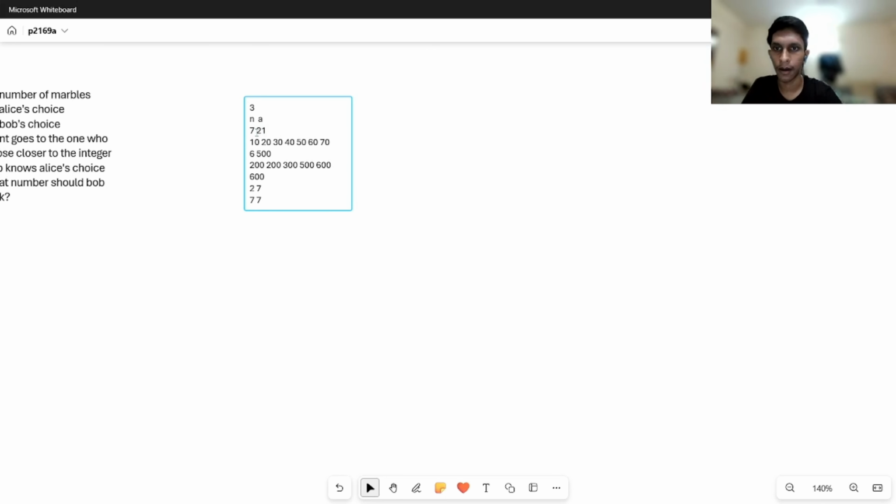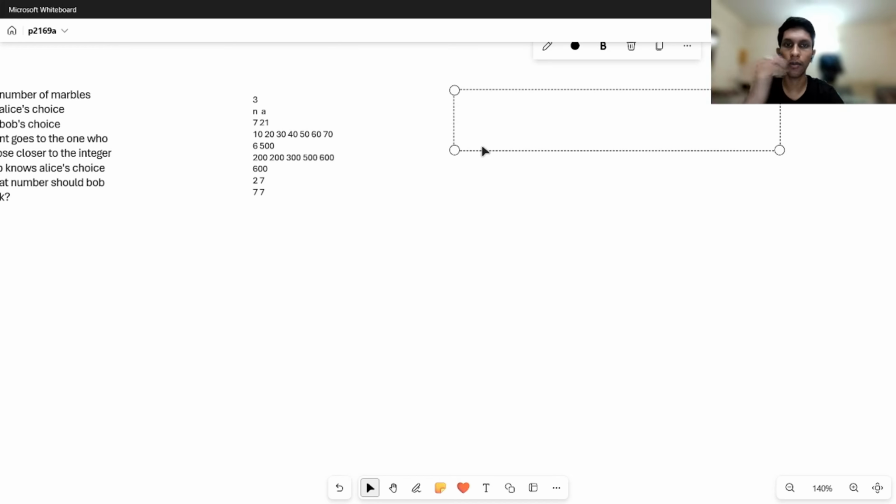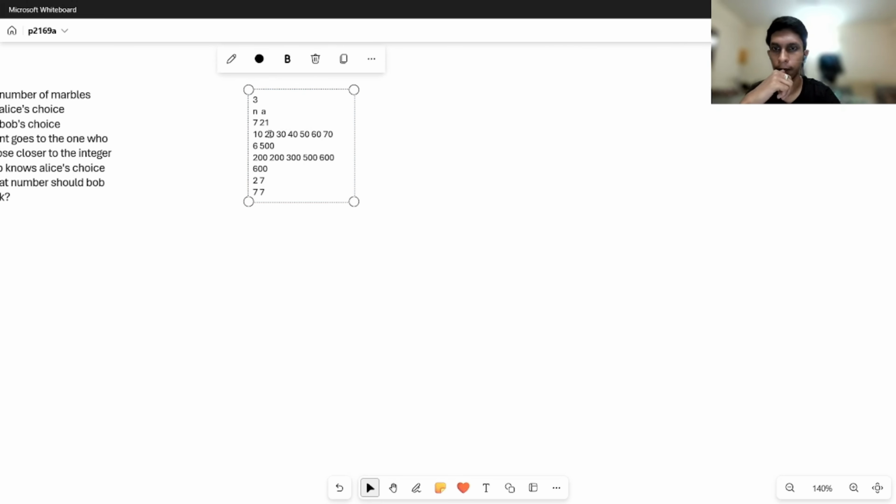Meaning, let's take this first test case. Let's take this 21 and compare it to all these numbers, and see how many integers in the array are higher than the choice of Alice and lower than the choice of Alice. So let's compare to 21. This will be lower. 20, this will also be lower. So there are two lower numbers.